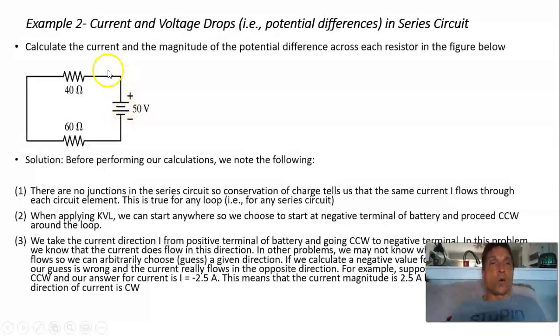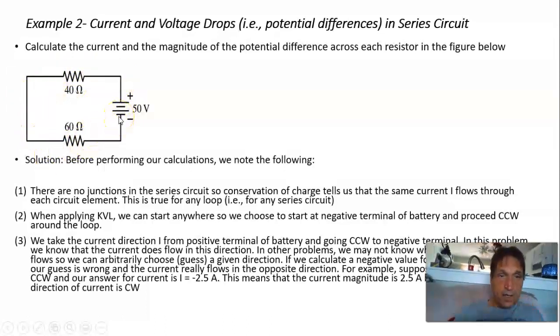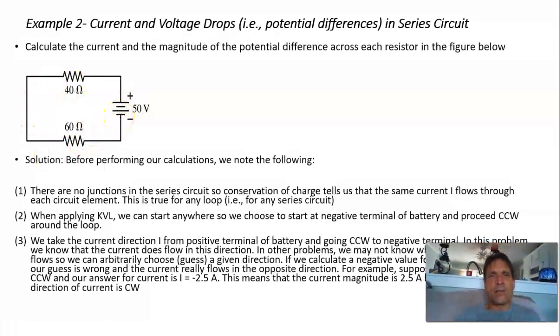So in this example, we're going to go around the loop counterclockwise because we know the current really does go counterclockwise from positive to negative of the battery. Now, in other circuits, they may be more complicated, and we may not know which direction the current flows.